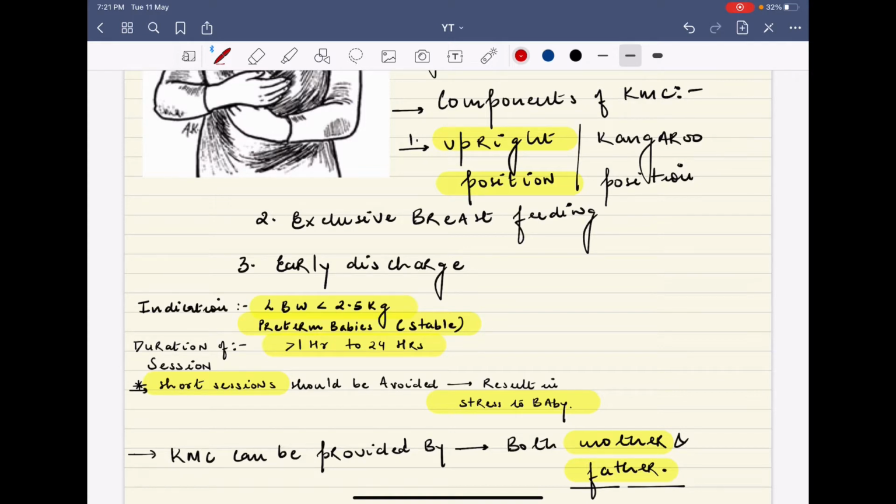And early discharge is possible because both mother and child are in close proximity and there is better care of the child, so early discharge is possible.